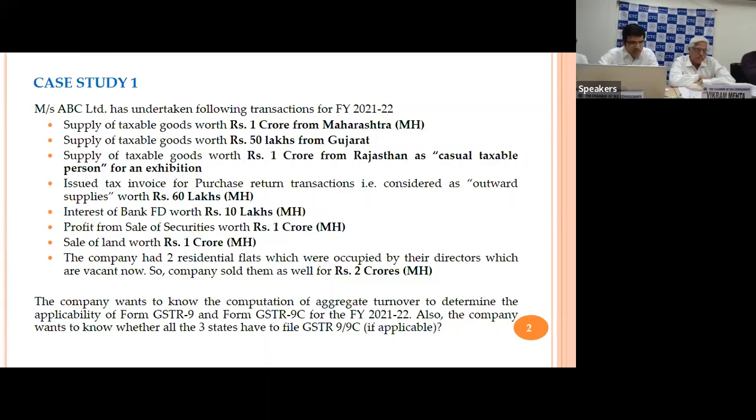I fully agree, Sumit. Because all these transactions actually are neither supply of goods nor supply of services. And once they are not a supply itself, there is no question of them being included for the purpose of aggregate turnover. If you see the definition, I have reproduced it over here.